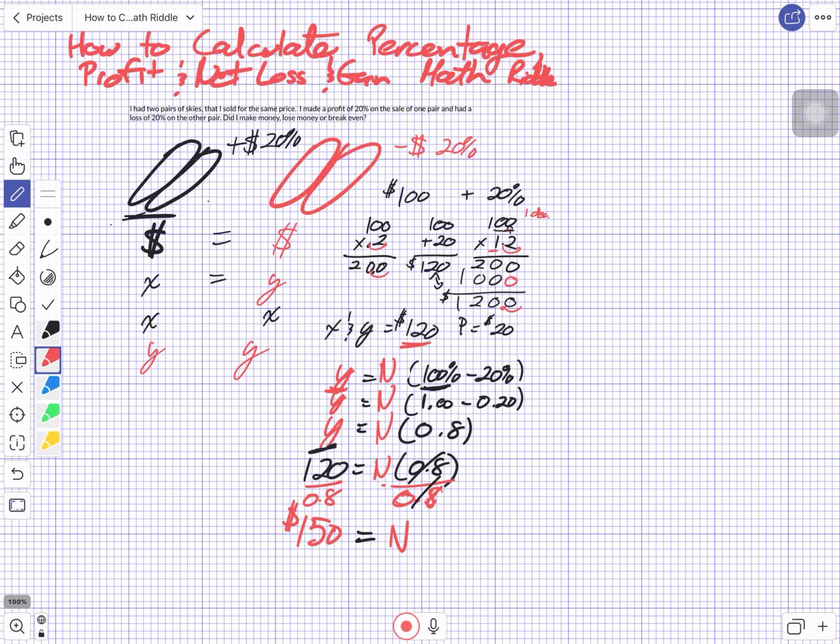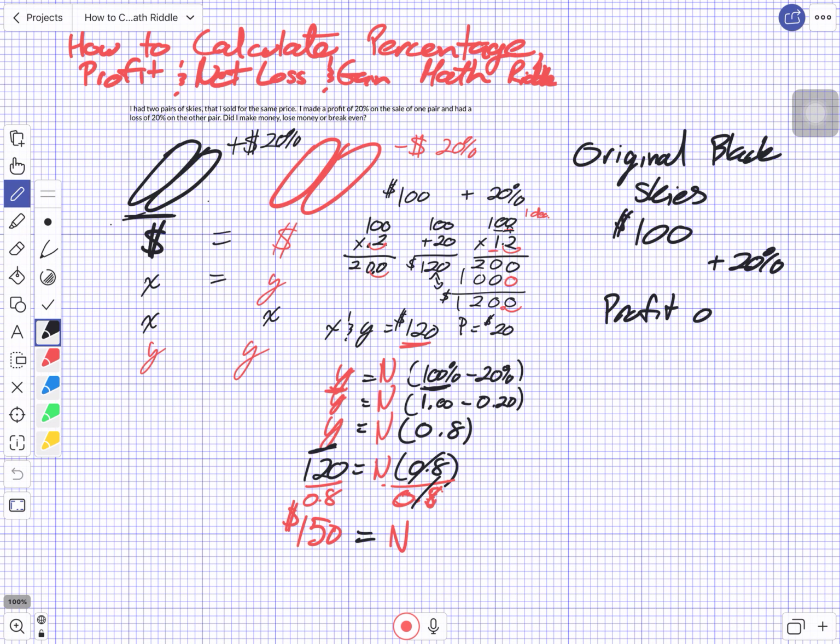So the original price of the black skis was $100. We just figured that out. And then we got a 20% profit, so we say we plus 20%. So we had a profit of $20.